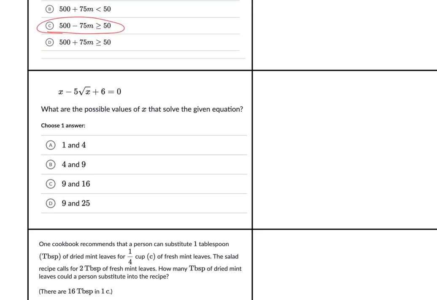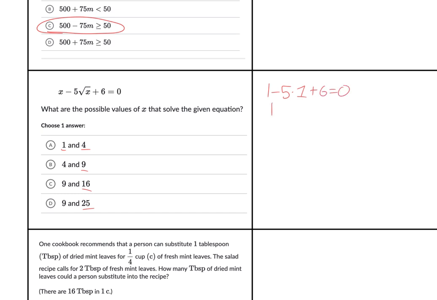What are the possible x values that solve the given equation? Now, in an equation like this, if you were unsure, you could just plug it in, which might be not a terrible option. Notice we have perfect squares here, 1, 4, 9, 16, 25. So 1 minus 5 times the square root of 1 plus 6 equals 0.